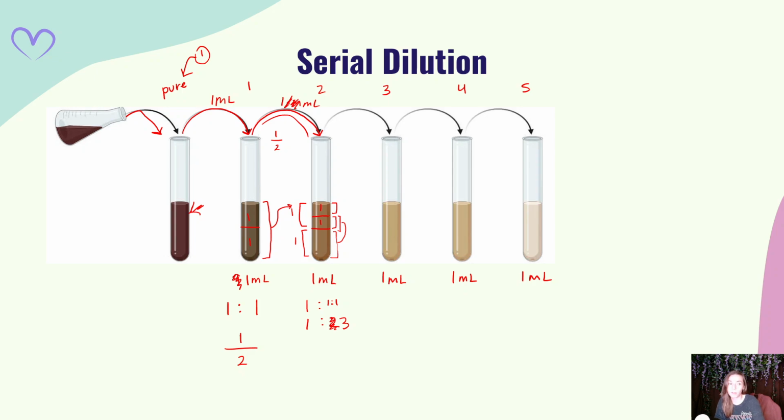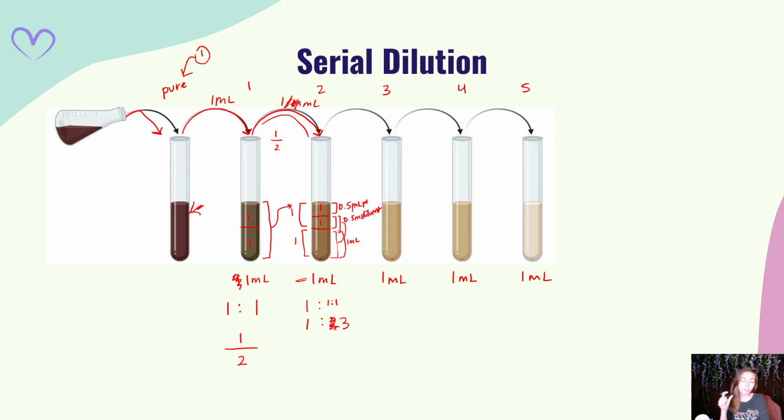So that means that if you have 1 milliliter, half of 1 milliliter is going to be specimen and half of 1 milliliter is going to be diluent, right? So we now have 0.5 milliliters of patient to 0.5 milliliters of diluent. And then overall, we had originally added 1 milliliter of diluent. So this whole volume here is 1 milliliter of diluent.